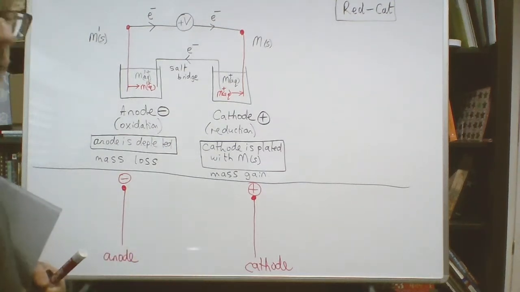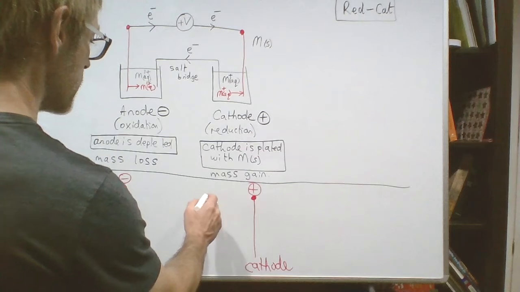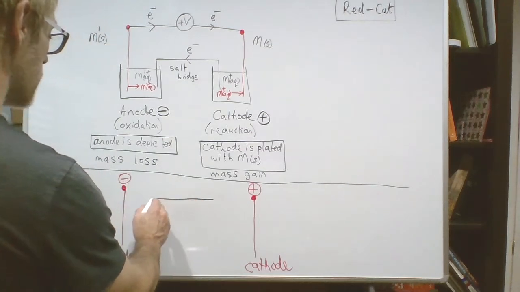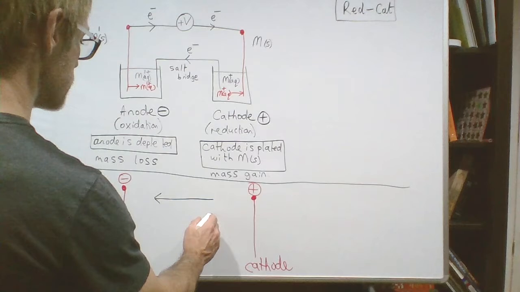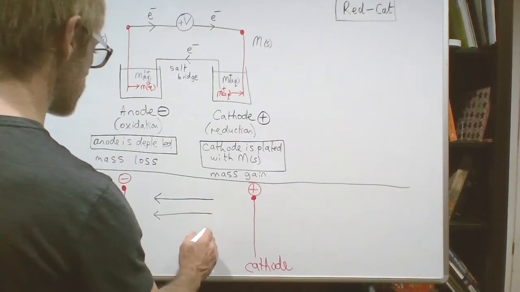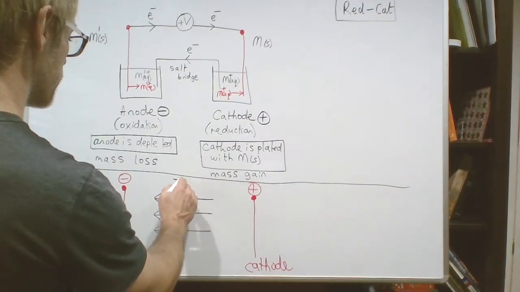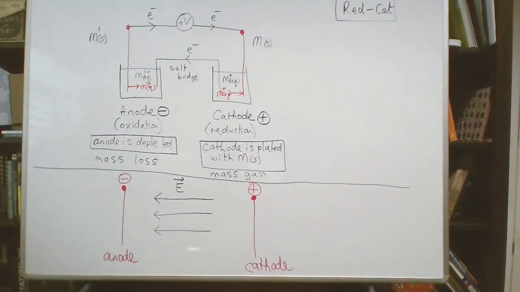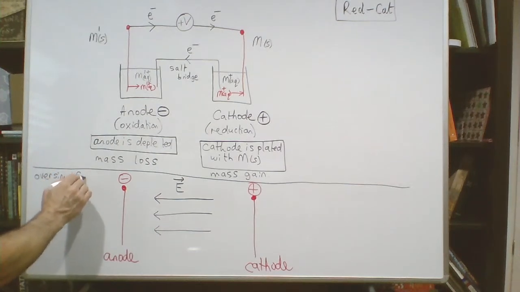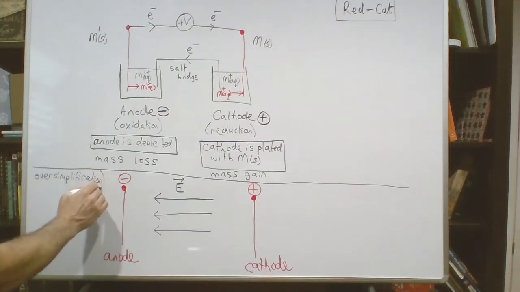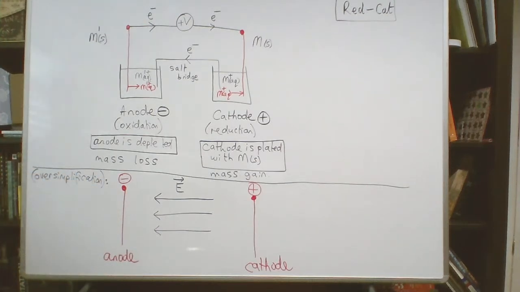Then we know from electrostatic theory that the electric field would always be from the positive electrode to the negative electrode. So we'll go in that direction. And we'll assume that it's a parallel electric field. Again, this is an oversimplification, but not a useless oversimplification.